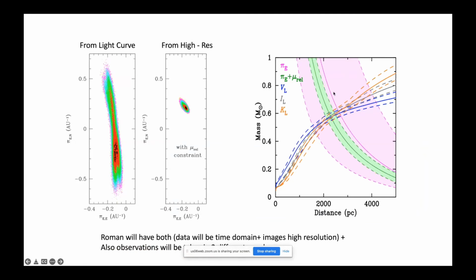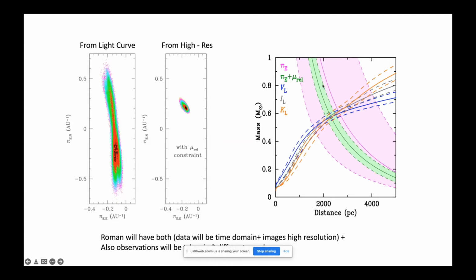And on the right, this pink and green shaded curve shows how the parameters are estimated from the previous ground-based observations. On the y-axis there's the mass of the host star, and on the x-axis there's the distance to the system.